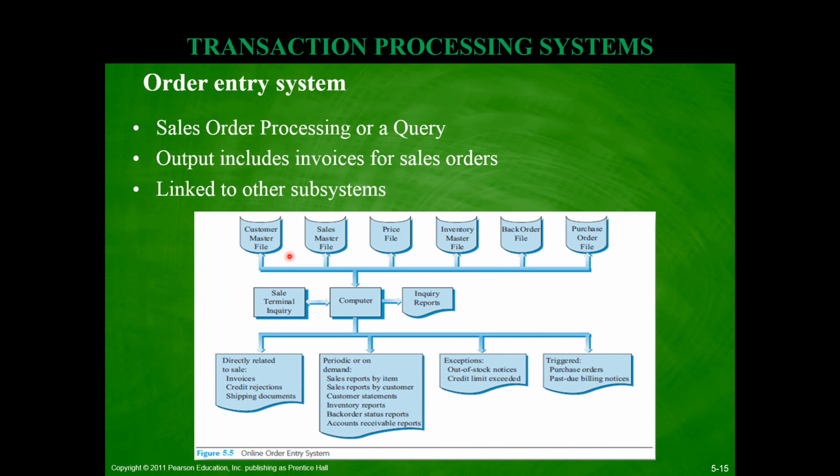For example, a database related to customers, to sales data, to prices for products, to inventory data, because in order to process somebody's order, you need to know whether you actually have a particular item in stock, back orders, purchase orders, and so forth. So a transaction system processing orders from customers can be quite complicated.